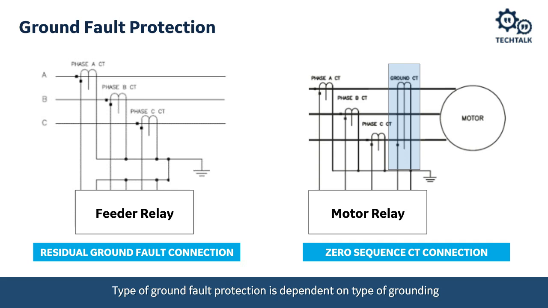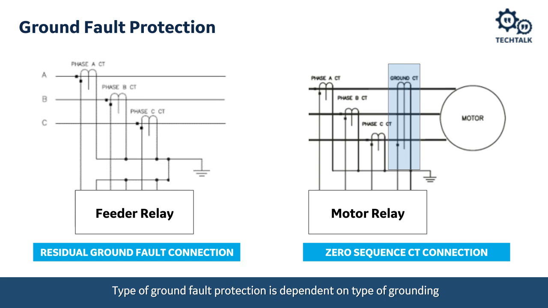The way on the left side of the screen is a residual connection. And so what we're going to do here is wire all of the phase CTs into and out of the relay, and then sum the residual of those CTs and take that summation into the ground input on the relay.